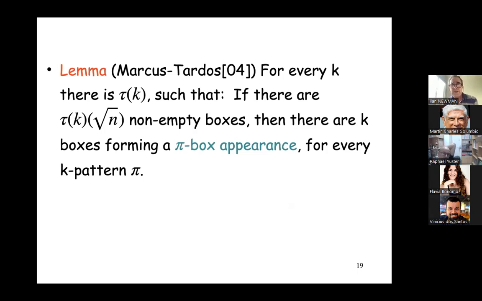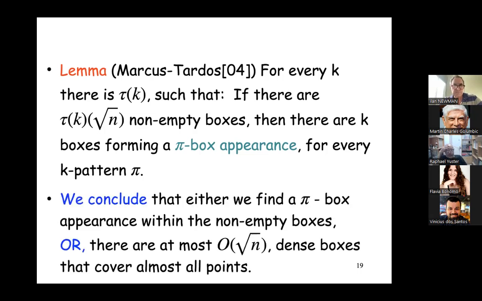Namely, if we are in the case where we have more than square root of n times log n non-empty boxes, then by this lemma of Marcus and Tardos, we already know that there is a pi appearance, because there is already a pi box appearance. So we can rule out this situation.